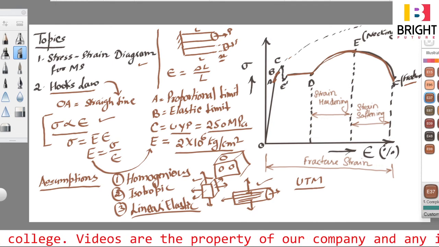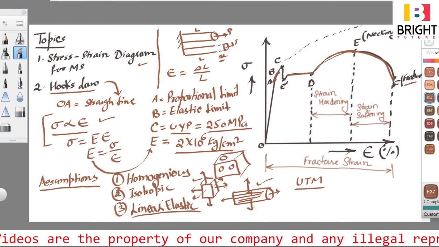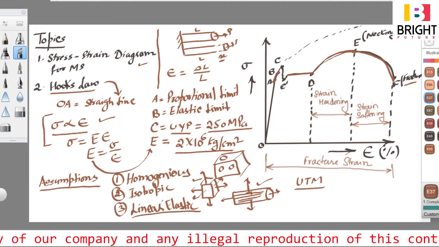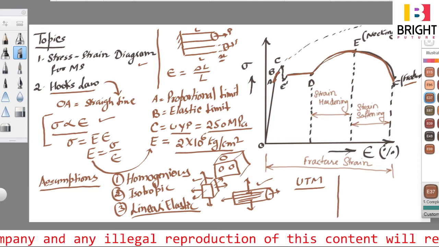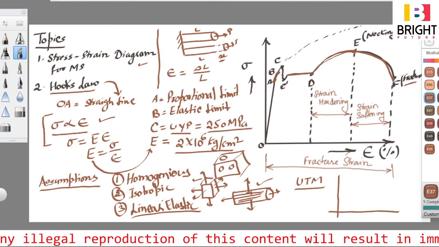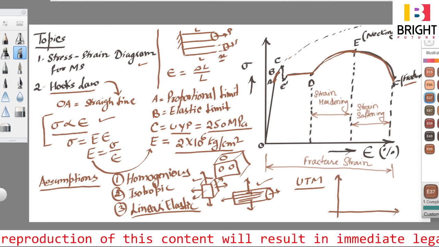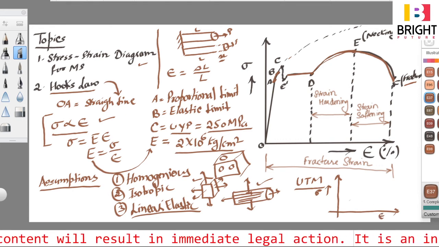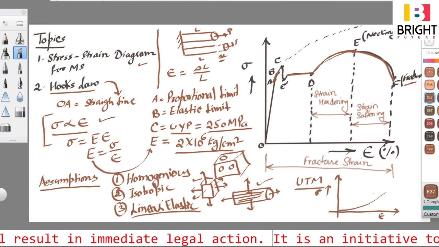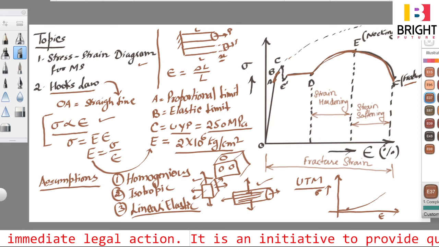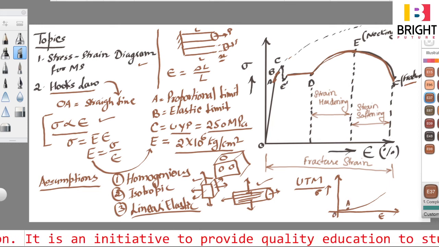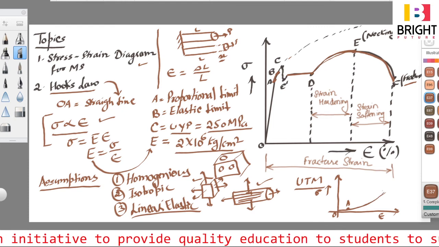Reason being, this Hooke's law is valid only in point O to A for mild steel. But there are certain materials which are non-linear elastic, they are elastic, elastic limit is there. For example, natural rubber. This is stress strain diagram for natural rubber. The proportional limit, OA, is very near to each other, and elastic limit is up to point B.